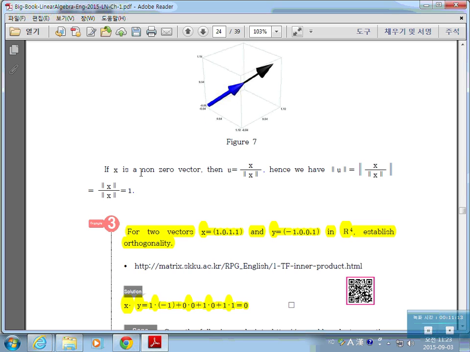If x is a non-zero vector, then the new vector u comes from the given vector x. If we define it in this way, the length of this vector u is always 1, so we can always generate a unit vector which has the same direction as the given one.